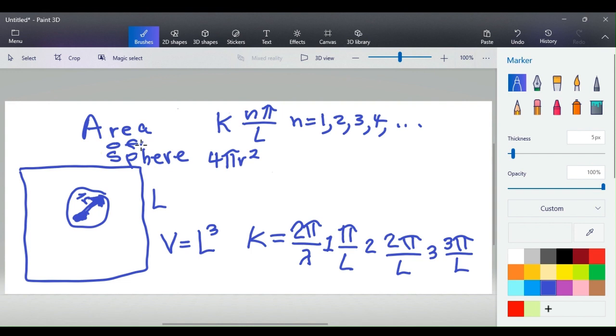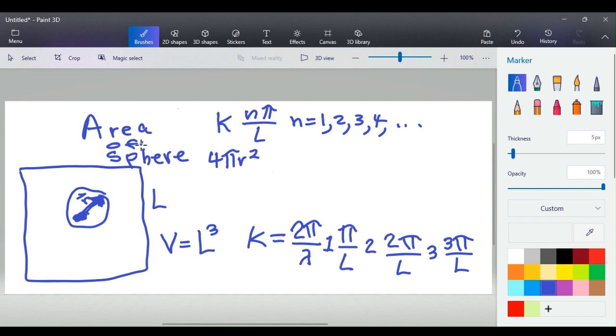Now, what are we going to use as our r? The r could be the radius of this sphere down here. What are we going to let this r stand for? Well, the r is made up of x direction, y direction, and z direction.